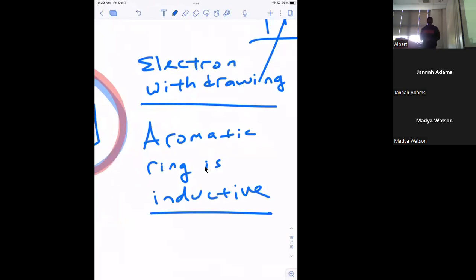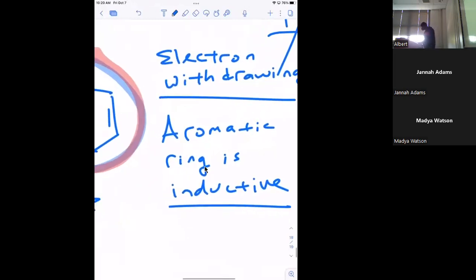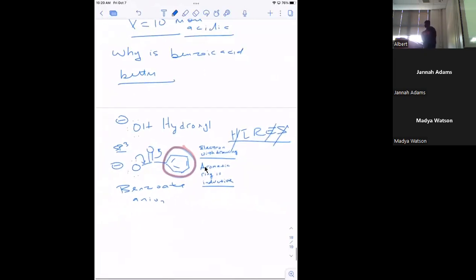So what we can say when we compare those two is that benzoic acid is a better acid because its conjugate base is stabilized by resonance and induction. That's how we answer that question.